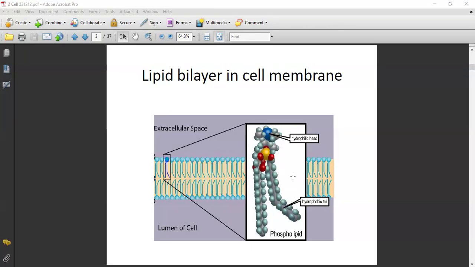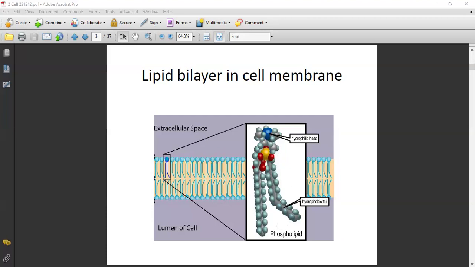This phospholipid is very unique in the way that it has a hydrophilic head. It's formed by this phosphate. And so this is hydrophilic, so it likes to interact with water. So naturally it will serve as an interface between the membrane and the water.